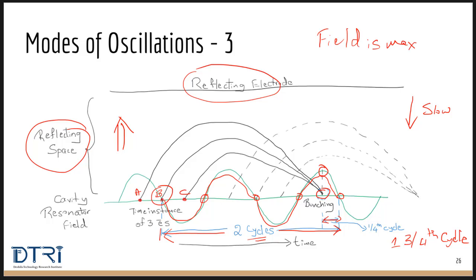Now this can be generalized to say that bunching happens at every n plus 3/4 cycles, where n is equal to 0, 1, 2, 3 and so on. This example is where n is equal to 1.